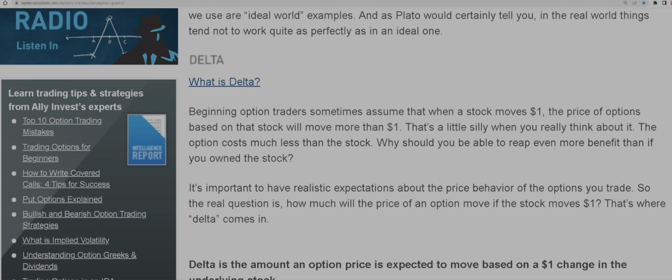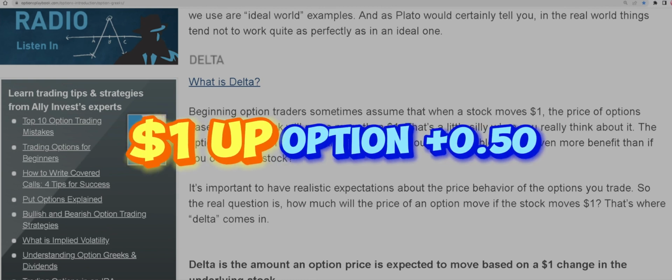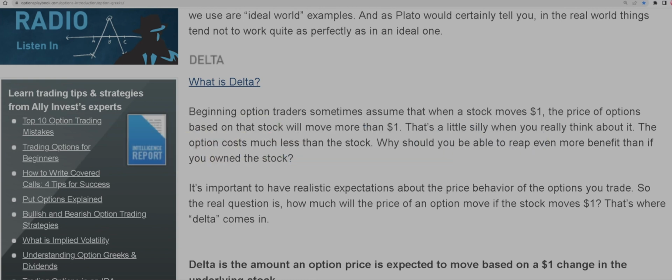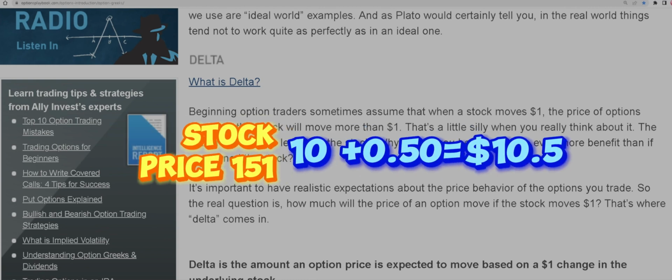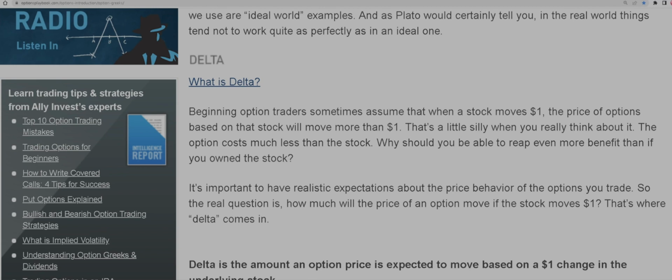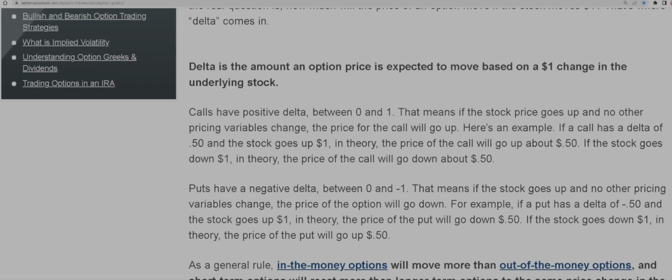So if you bought that option for $10, once the stock goes $1 up, your option becomes $10.50. So you made 50 cents. This has nothing to do with the actual price of the stock in terms of being the same. Delta is the amount an option price is expected to move based on a $1 change in the underlying stock.